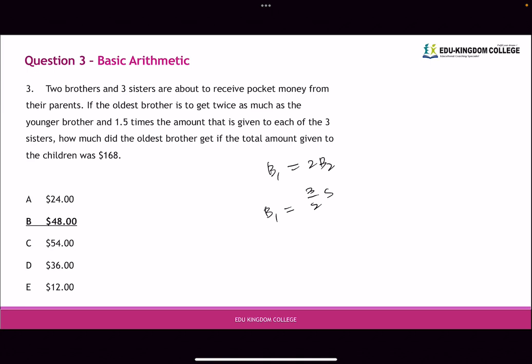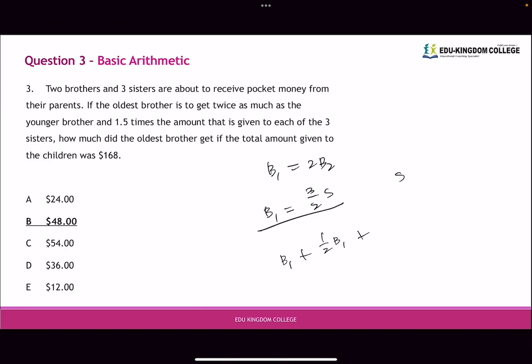I want to try and write this out all in terms of brother 1. Brother 1 gets however much he gets paid, and then brother 2 gets half of brother 1. So brother 2 is half B1, and then there are 3 sisters.